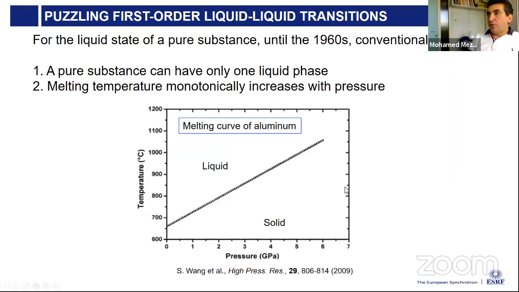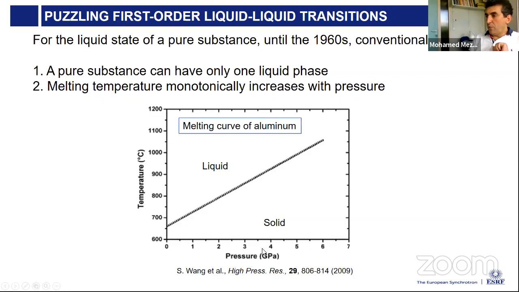Okay, this is what I wanted to say for the glass transition, but related to this there is the puzzling so-called first order liquid-liquid transitions problem. And I will give you a very brief introduction. For the liquid state, if you take a pure substance, until the 60s the conventional paradigm for these materials was that a pure substance can have only one liquid.